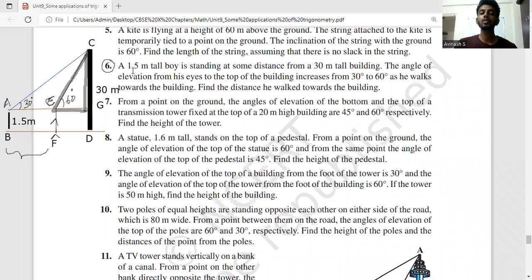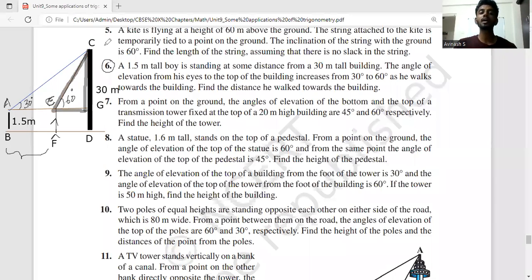Now, first of all, we need to understand that this side, that is CG, is not 30. CD fully is 30, whereas CG is nothing but the whole height of the building, which is 30, minus the height of the boy. This height has to be subtracted. That is very, very important because the target triangle that we are taking, that is CGE, is located at the top of this line of sight of the boy.